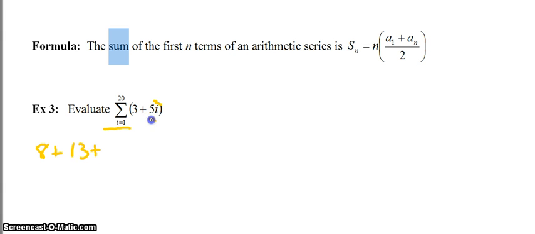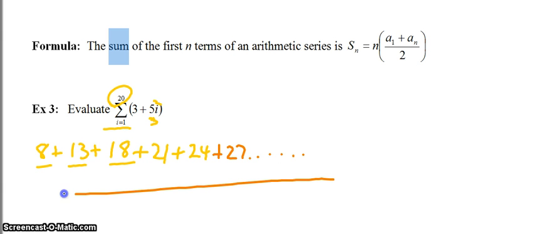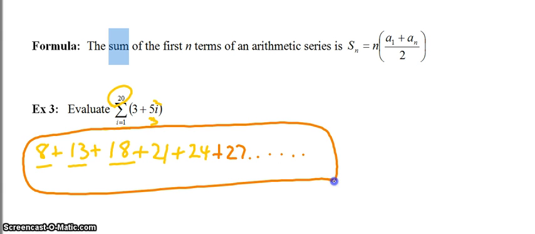If I put in a 3, I'll get 18. About this time we talked about seeing the pattern, and we could just go on about seeing the pattern and add all these up, but this time we have to add up 20 numbers. And I'm not sure we want to keep adding all 20 of those numbers to get the sum.